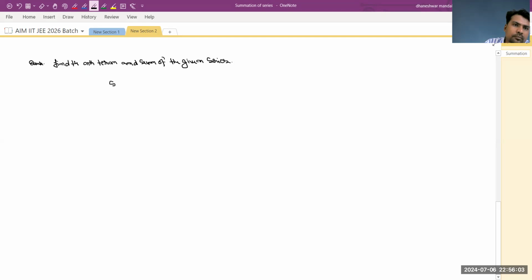Here we have the sum S equal to 1 times 3 square, similarly 3 times 5 square, and similarly 5 times 7 square, and so on.